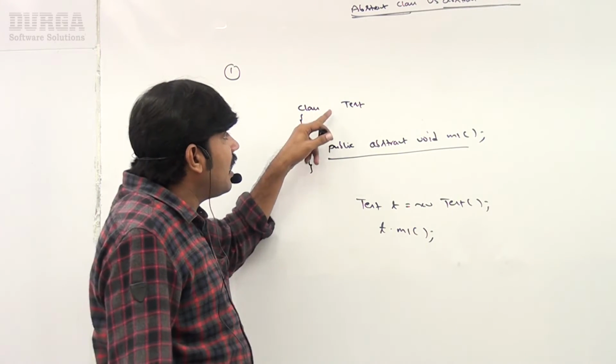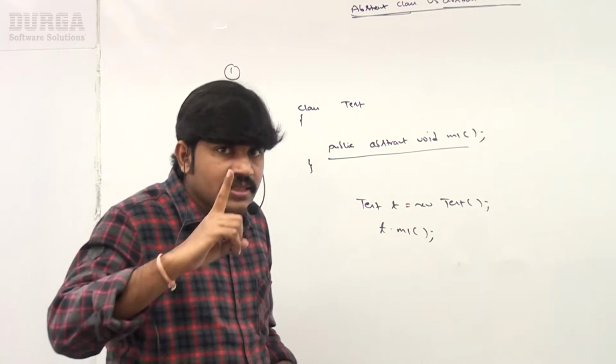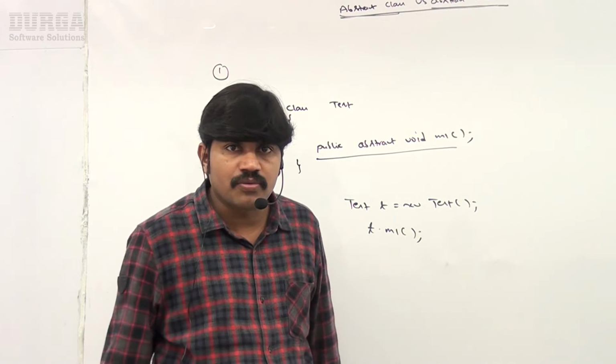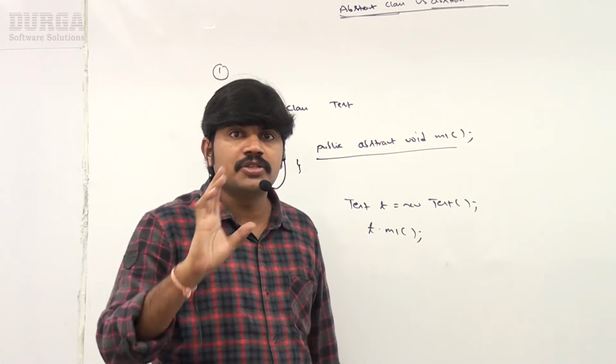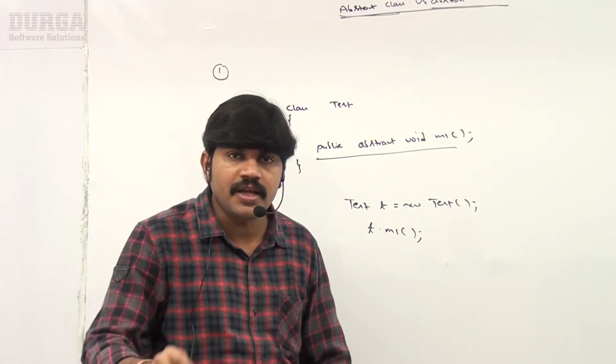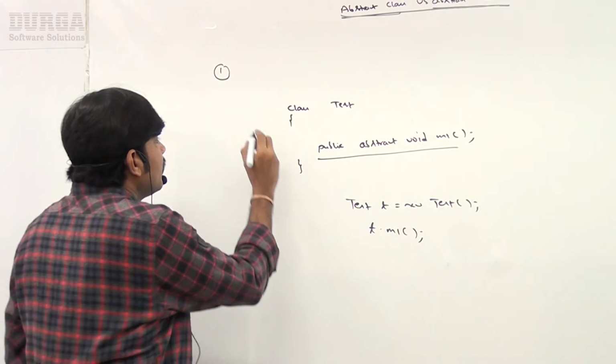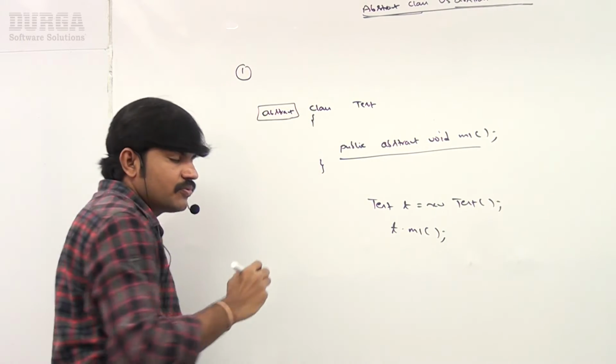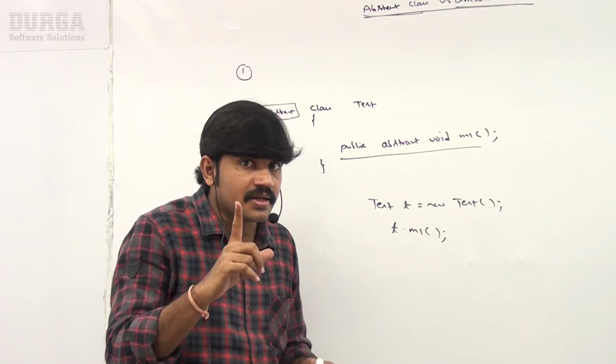So if a class contains at least one abstract method, that class is a partially implemented class only, and object creation is not possible for that class. That's why compulsory we have to declare that class as abstract. Remember this one.